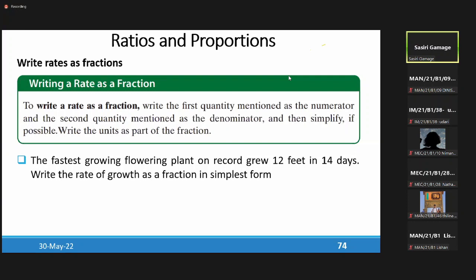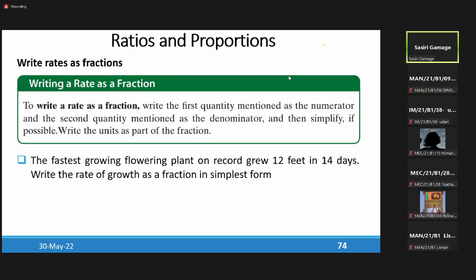As an example, here you can see the fastest growing flower plant on record grew 12 feet in 14 days. Write the ratio of growth as a fraction in simplest form. How can we write it? Here it says, write the first quantity mentioned as the numerator.